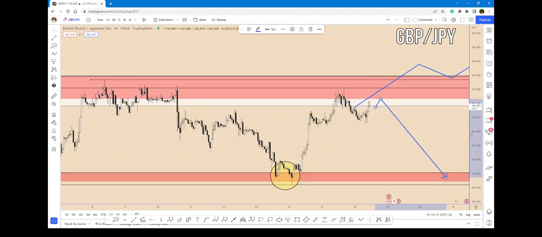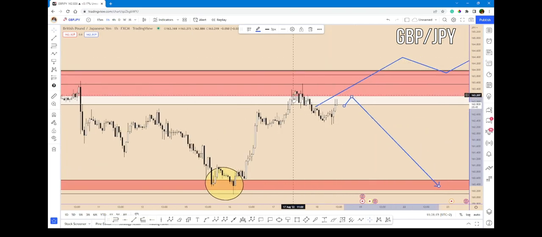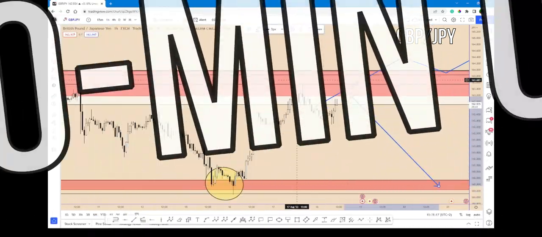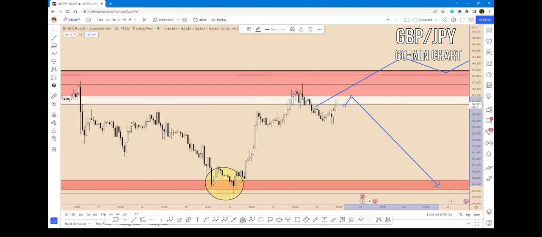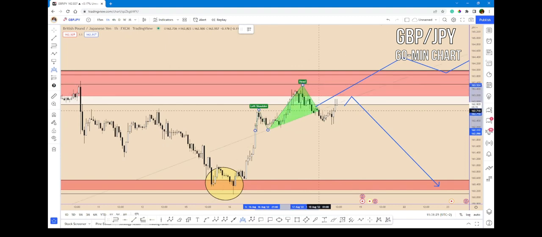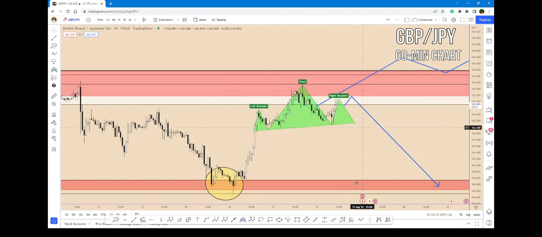On the 1-hour chart, what is very interesting right now is that we have a potential head and shoulders pattern. As you can see, this is a scenario for our potential head and shoulders pattern. Price can face resistance at this point and come down. Another scenario is that price can test the top.